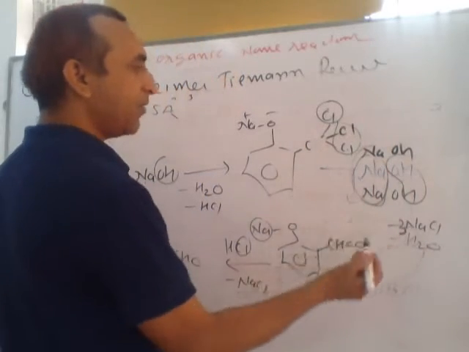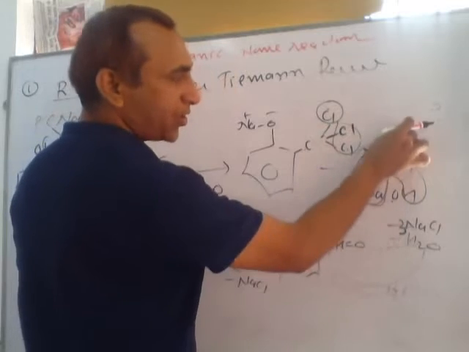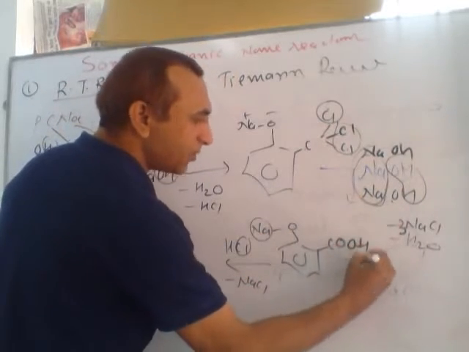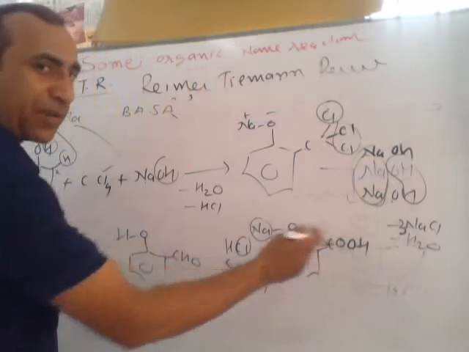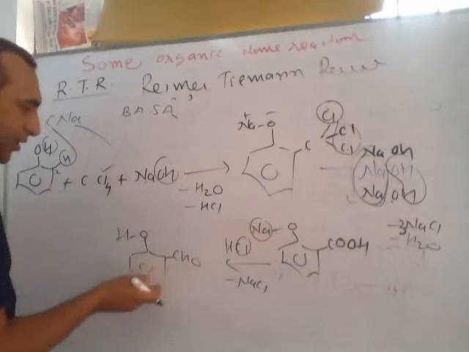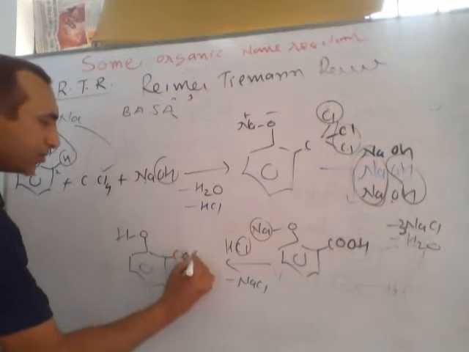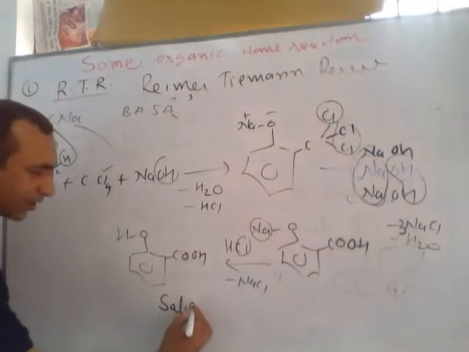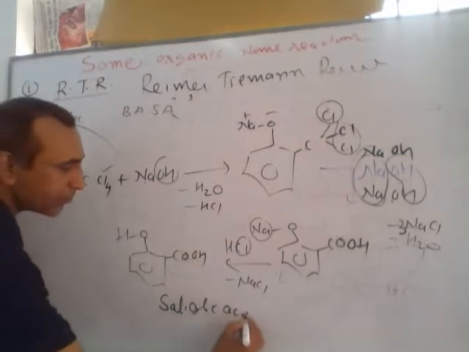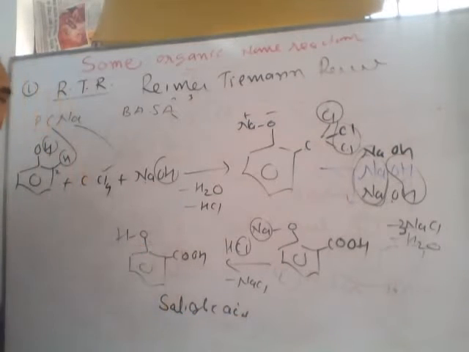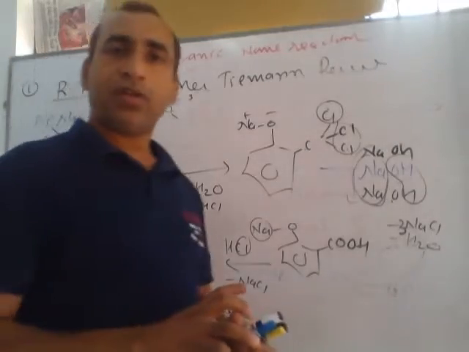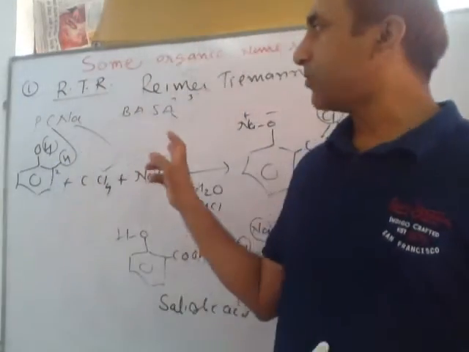So what is the remaining? Remaining is CO and this OH. So here COOH will form. This is carboxylic acid, and after hydrolysis this compound is converted into this compound. This compound is salicylic acid. Also we can say 2-hydroxy benzoic acid. So these two are called Reimer-Tiemann reaction.